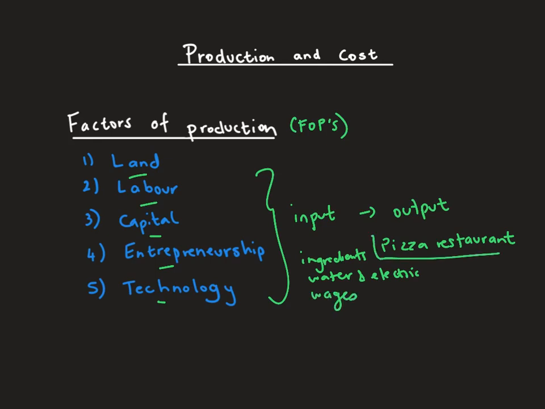In order to create the perfect pizza, we need to combine the inputs in order to create an output, which is for the consumer. So our 5 factors of production were understood to be our inputs, and our output was obviously our pizza.